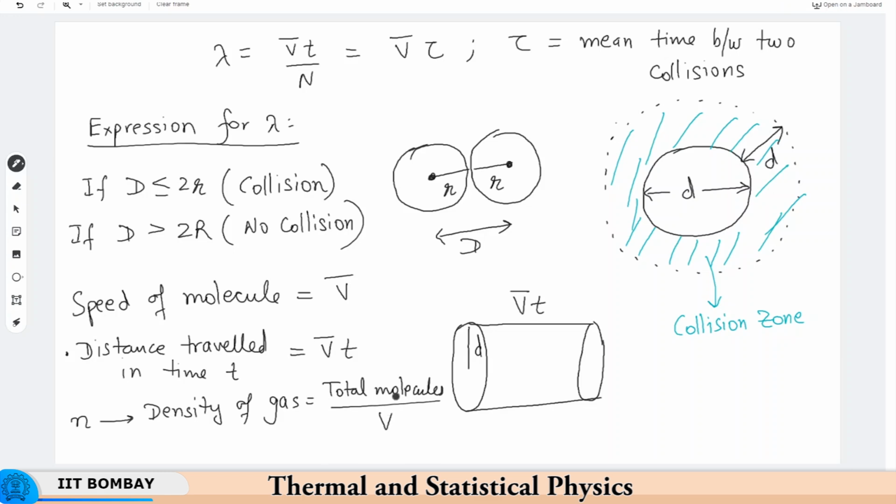So, therefore, how many collisions will this molecule undergo in this volume? That will be equal to the number of molecules that are inside this volume, right. So, what is that volume?